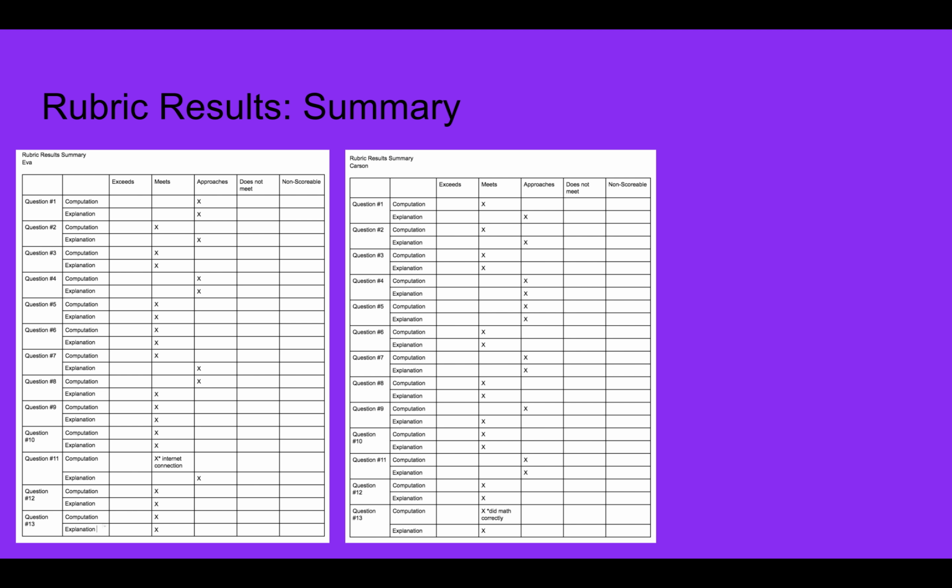It was difficult to mark that down quickly. So I created a rubric results summary page where I could quickly put a check mark or an X in the exceeds, meets, approaches, does not meet, or non-scorable section. Once again, each question had a computation and an explanation.